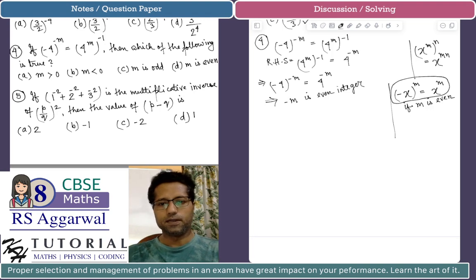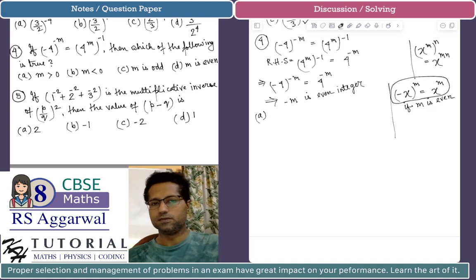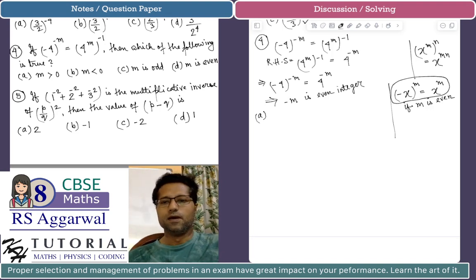So option A says that m greater than 0, but m greater than 0 means that it can also be positive. But if m is positive, this equation will not hold, because we can clearly see that minus m has to be an even integer.